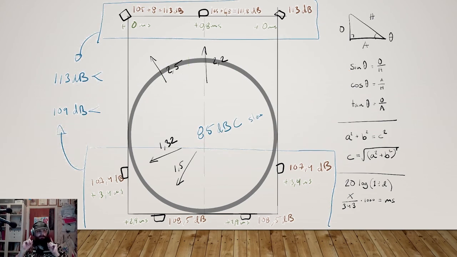What this lets us know is what type of monitors we will need. I now learn that for the rear and side surrounds, I need to have speakers able to output more than 109 dB at 1 meter distance. And if you look at the monitor specs, you can actually see that number in the specs.